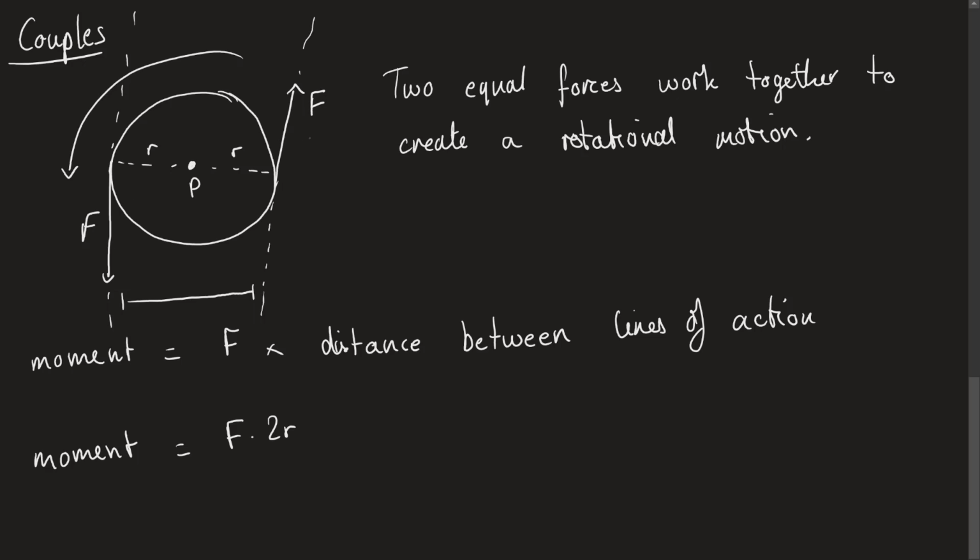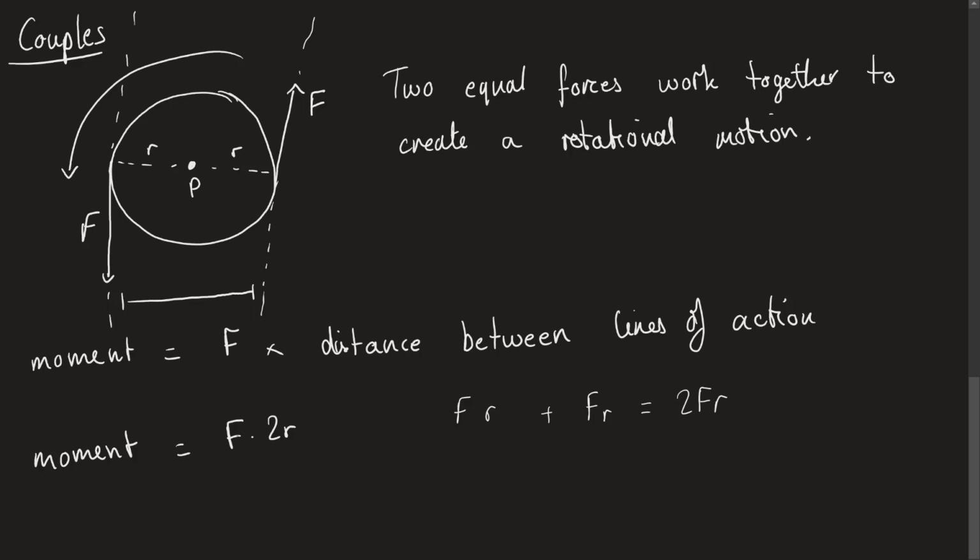So if I said I just want to look at each individually first, then the force from this one is F, and the distance to the pivot is R, so the total moment is just FR. And then of this one, the force is in the opposite direction, but the moment is in the same direction, so I can add together another FR, and we just get 2FR, which is exactly the same as what we get here.